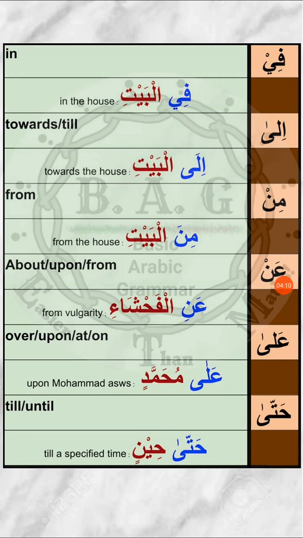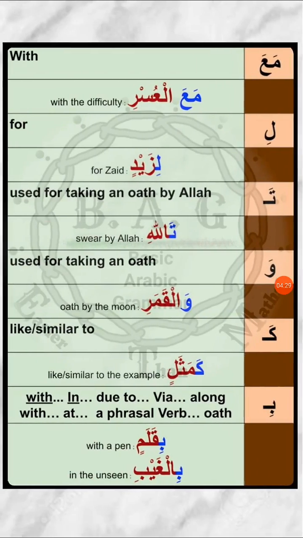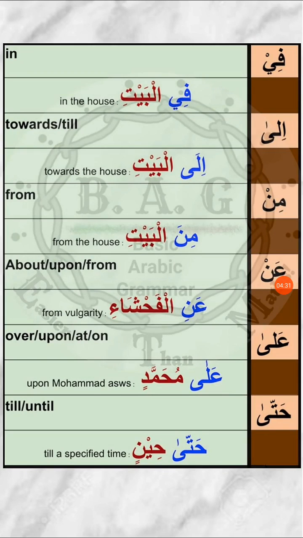Now the first thing that you need to be clear on is that there are many meanings for each of these prepositions. There are multiple meanings, and with each usage this meaning differs, but the most commonly used meanings are the ones that I have enumerated over here.